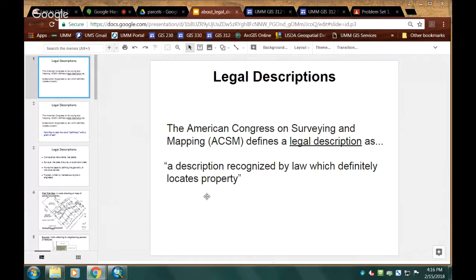It's surprising how many people are shocked and amazed at how much it costs to get a survey done. But what you get out of it is often crap if you don't hire a licensed surveyor.